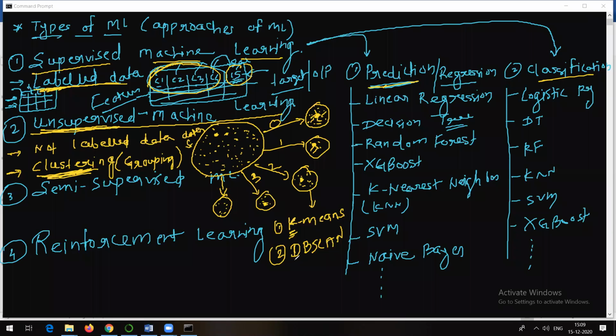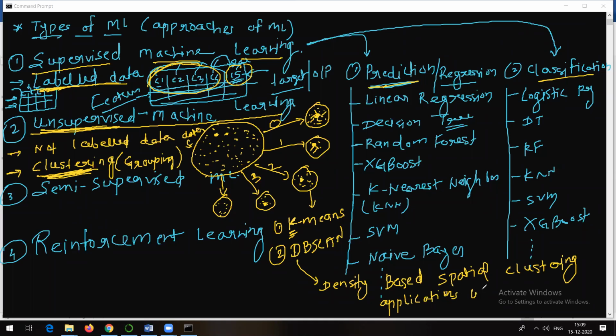This is also a good algorithm, and the full form of this is density-based spatial clustering applications with noise. That is nothing but DB-scan. But most of the times you will see that people make use of K-means. It doesn't mean that this is not good. This is also good.